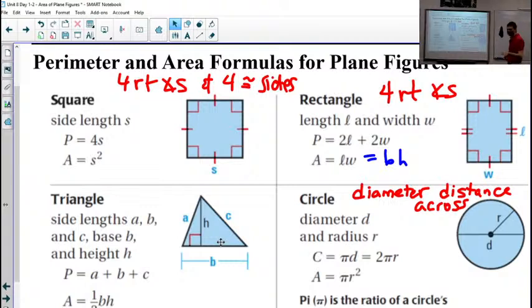Where we are headed with this is that this chapter, which is going to be the last chapter of the year, by the way, we're in the home stretch, is going to be all about finding surface area and volume on 3-dimensional shapes. So we're going to be working with spheres and cones and pyramids and prisms, etc. But to do that, for example, with cones, part of the formula for volume of a cone is going to rely on the area of the circle that's in the base of the cone.